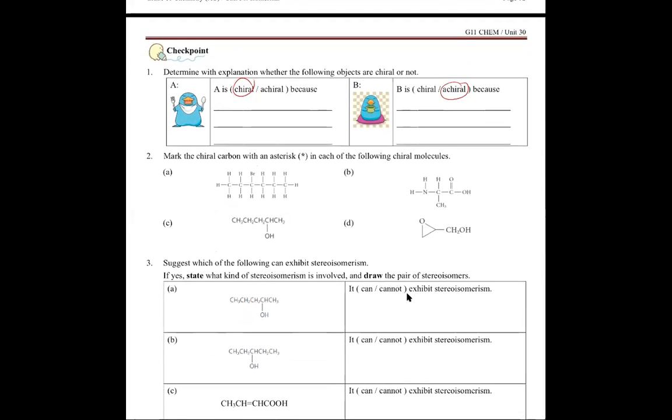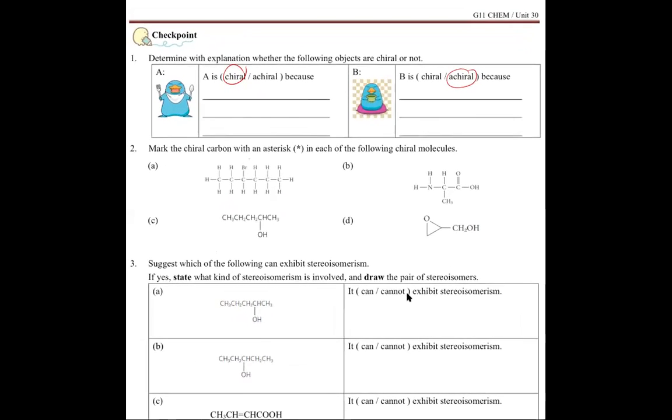Okay, for question 2. Remember we often use a star to mark the chiral center or the chiral carbon. And can you find those chiral carbons on those 4 molecules?